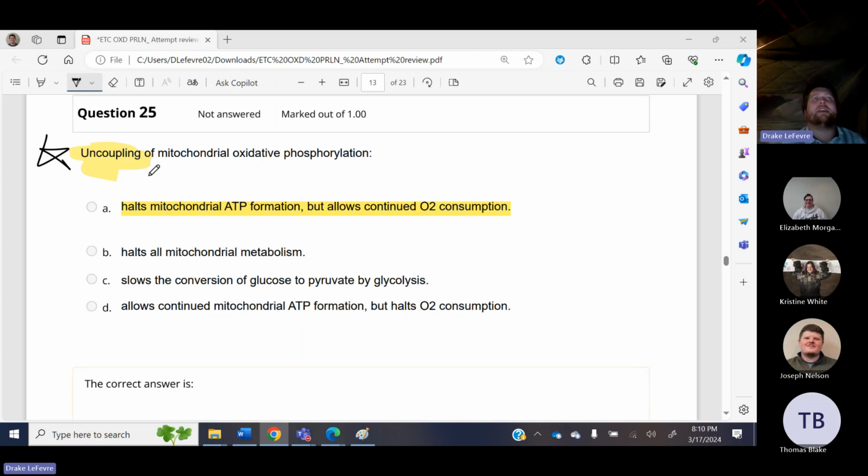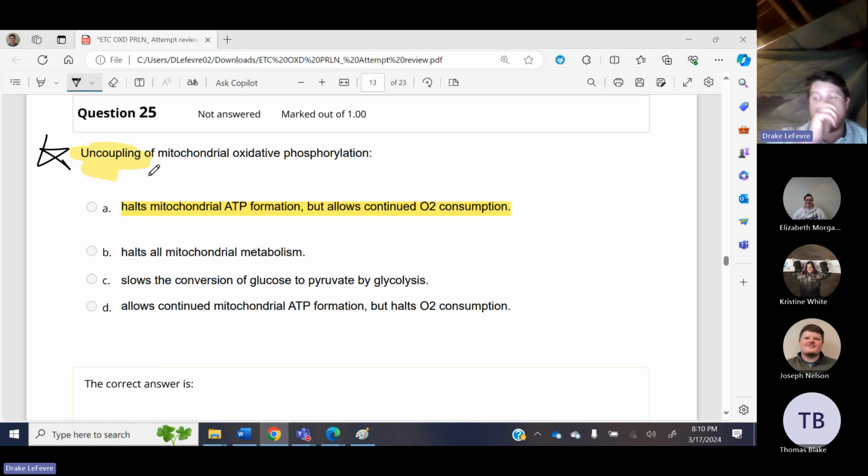But at the same time, if you say uncoupling, it literally does mean breaking down or halting, kind of stopping a process. So that's why this is one of those questions where I don't love the question itself. If he went any deeper than this, it'd be an unfair question, because like I said, I think it's a little bit above our pay grade.